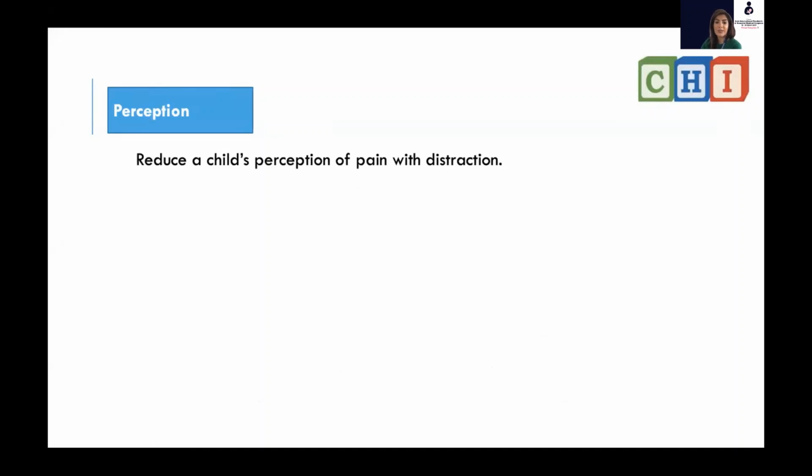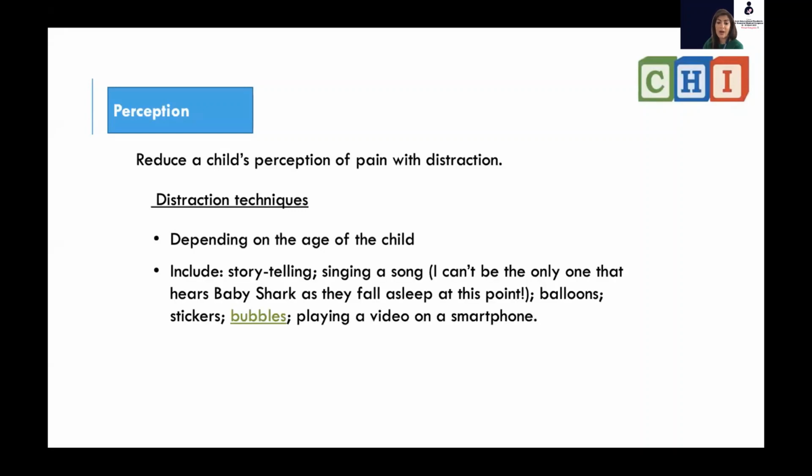So reduce the child's perception of pain by distraction techniques, develop a rapport with your patient, change the environment, put him on his mother's lap, go to his level, talk to him with a soothing voice, use age-related things he or she is interested in, use the mom, smartphones, bubbles, balloons, everyone knows how to sing rhymes of childhood.